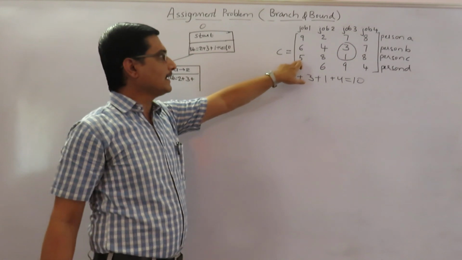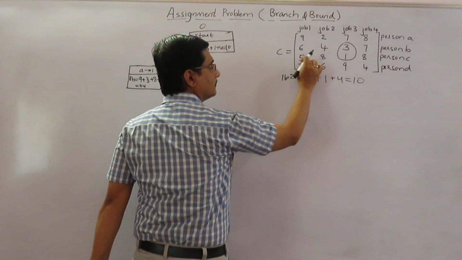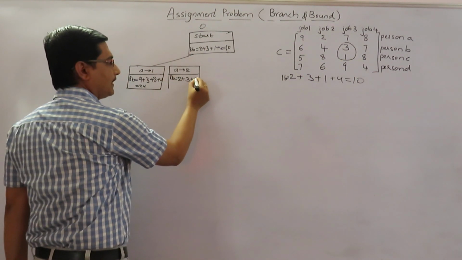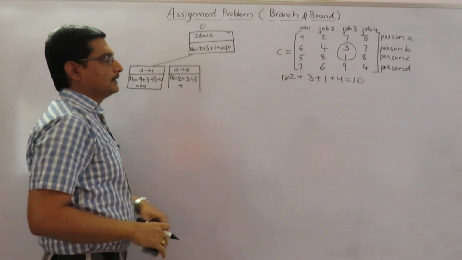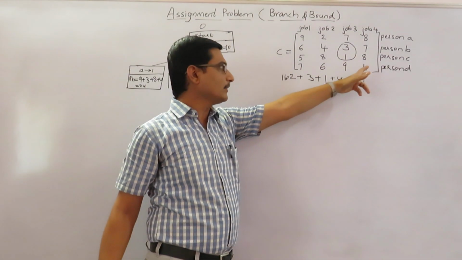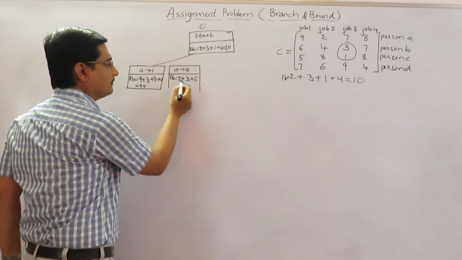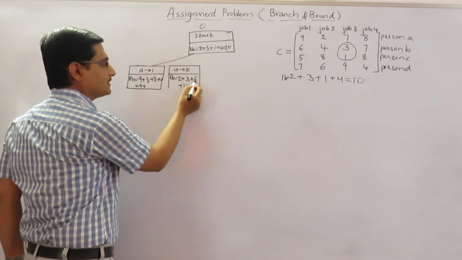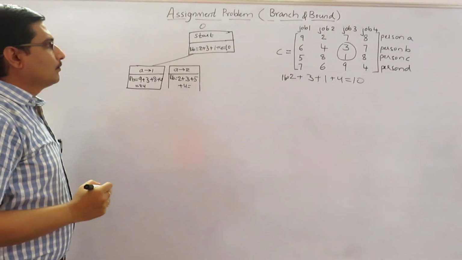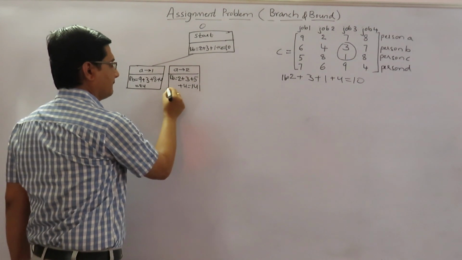Then we can assign job 1 to person C. That is, 5 is the next to this one. So 5 plus, in this row the least value is 4 and that job is not yet assigned to any person. So it is 4. So this will be 3 plus 2 is 5, 5 plus 5 is 10, 10 plus 4 is 14.